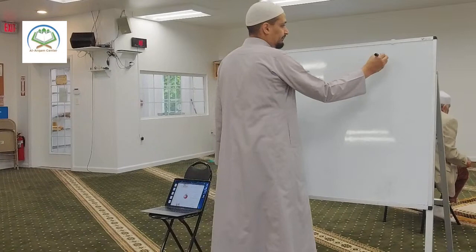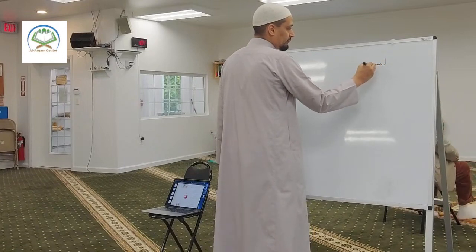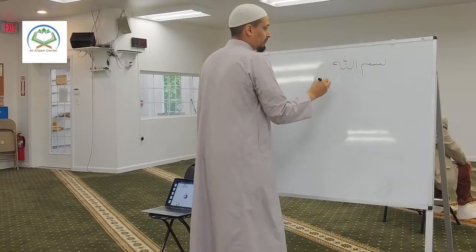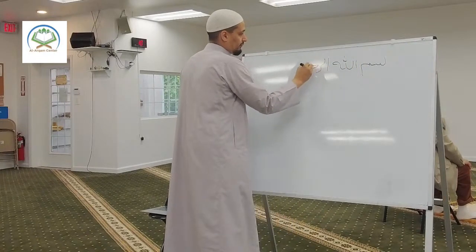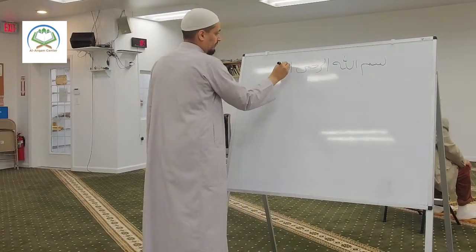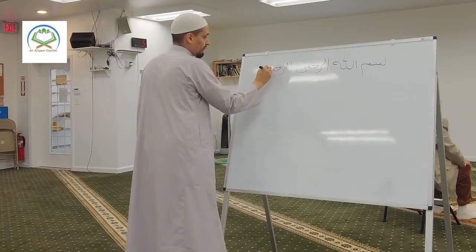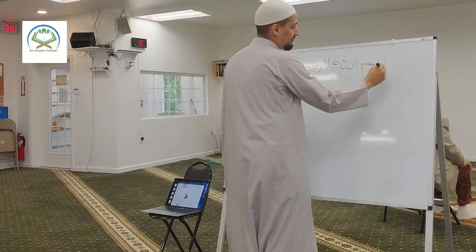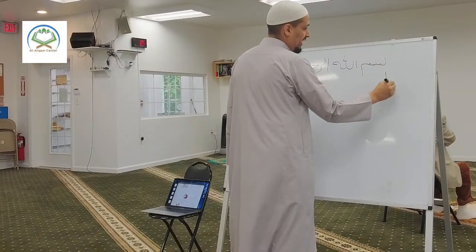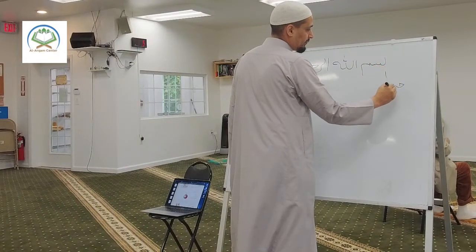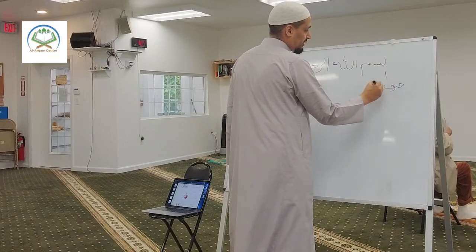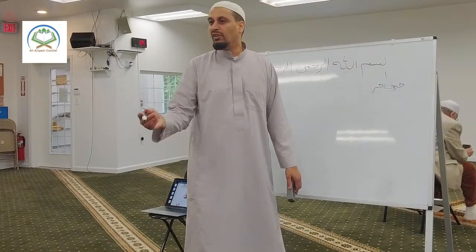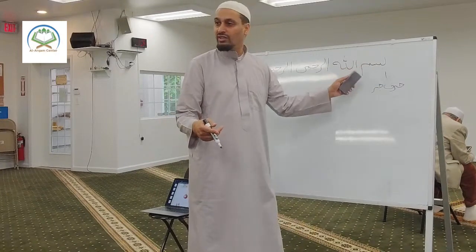Like, look at this. What's ba? Ba is harf jar, a preposition. What's ismullah? Name of Allah. What is ism? What is Allah?